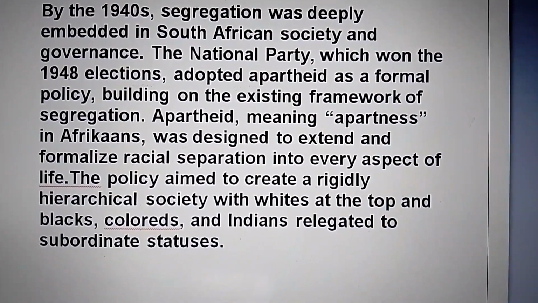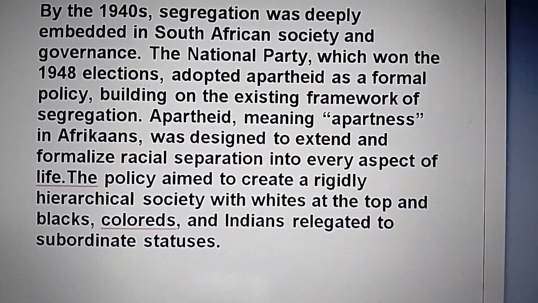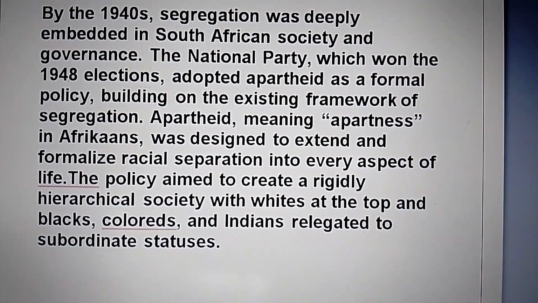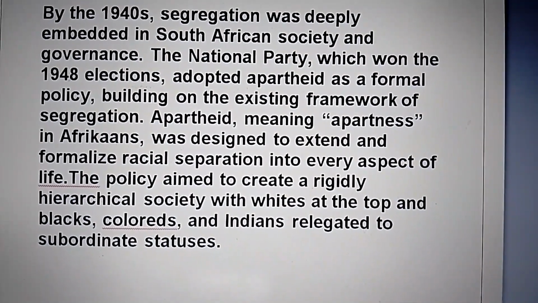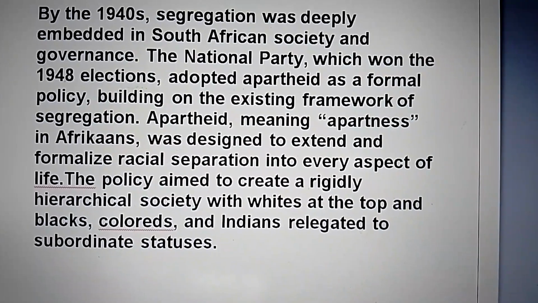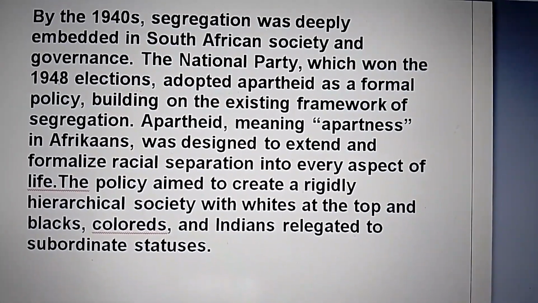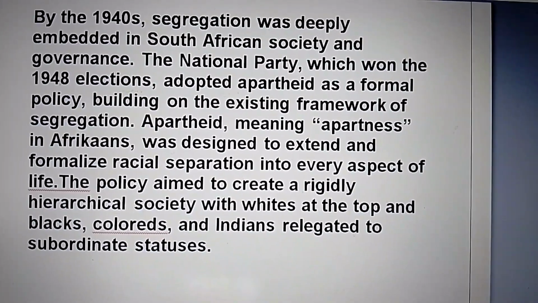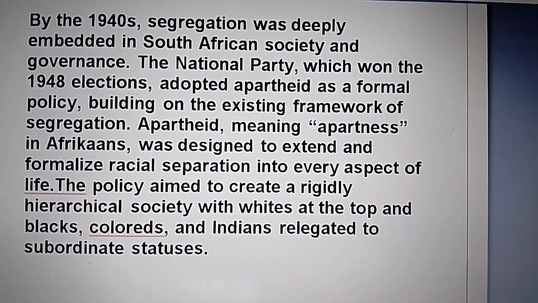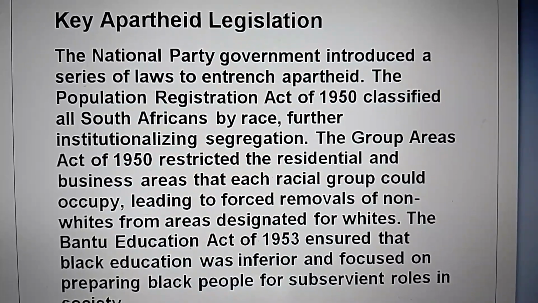Apartheid, meaning apartness in Afrikaans, was designed to extend and formalize racial separation into every aspect of life. The policy aimed to create a rigidly hierarchical society with whites at the top and blacks, coloreds, and Indians relegated to subordinate statuses.